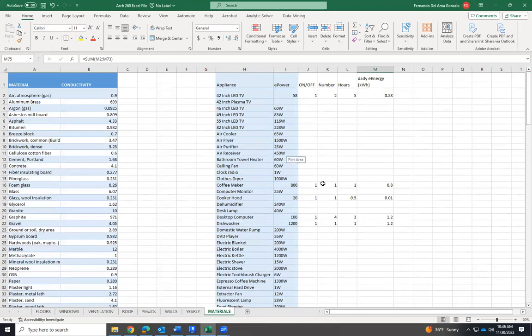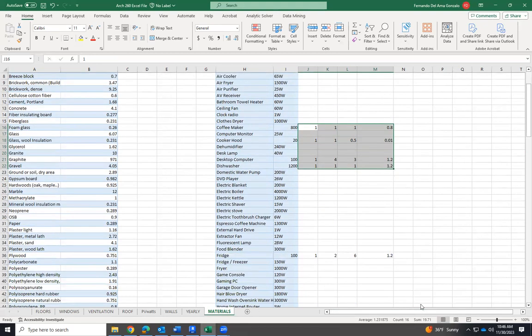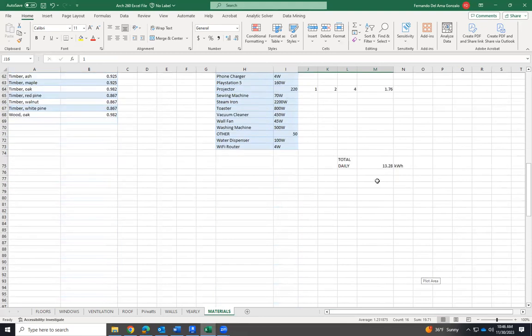Well, usually we don't have a difference when it comes to the appliances. There is no difference between summer, winter, January, February. So we can say that this is the daily energy consumption, and we can multiply times the number of days that we have in January or in February.